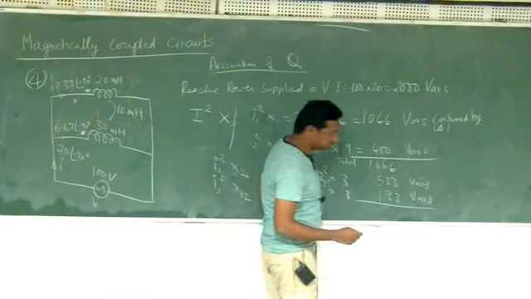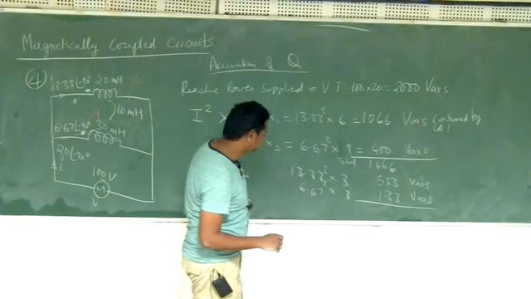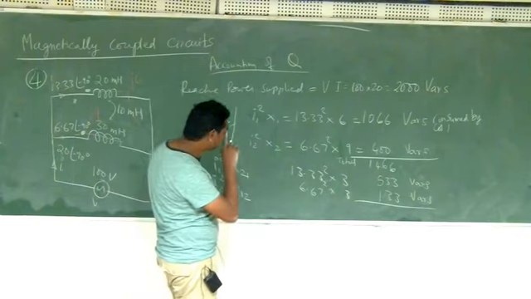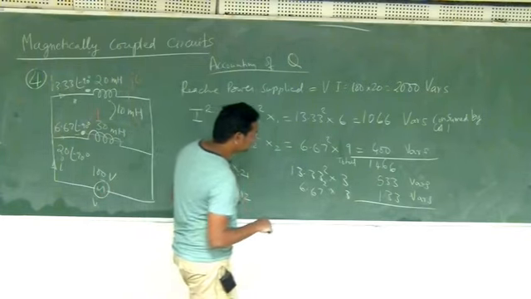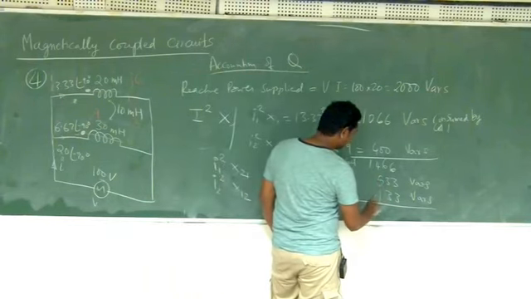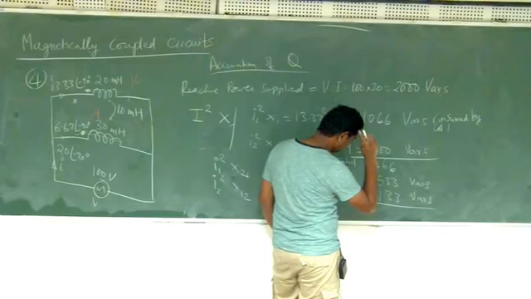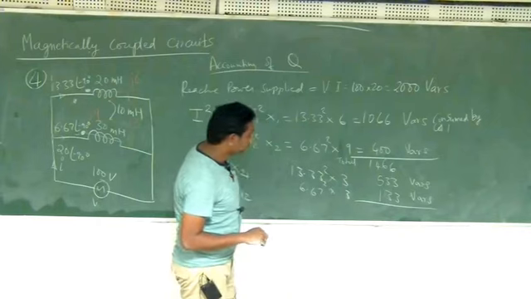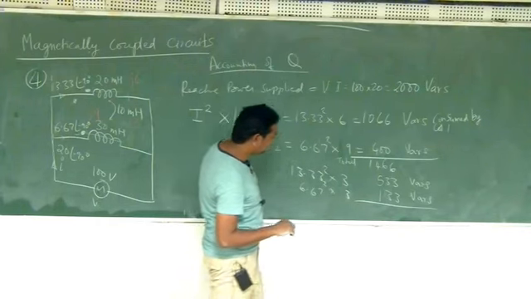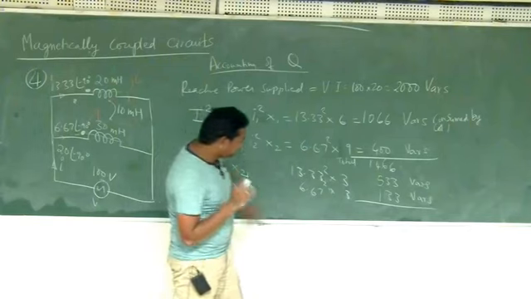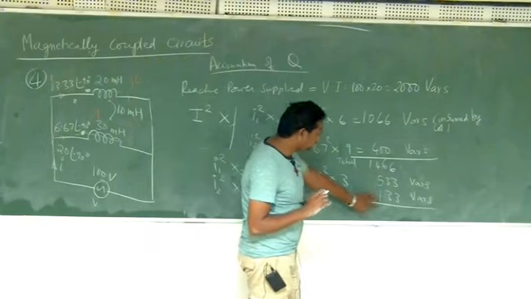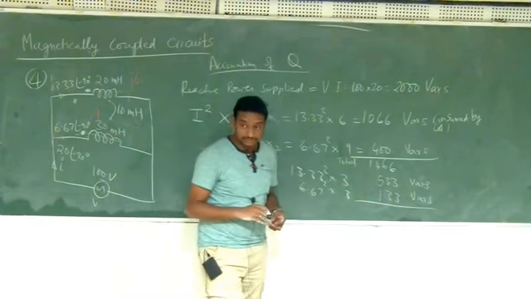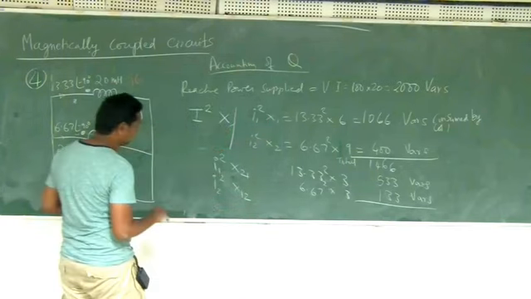Total is adding more than 2000. Oh, I think the sign we have to change. I don't think so. Not because of approximations, because if I only take these two and don't take this, then it is fine.